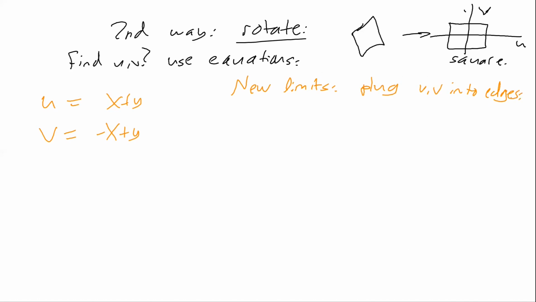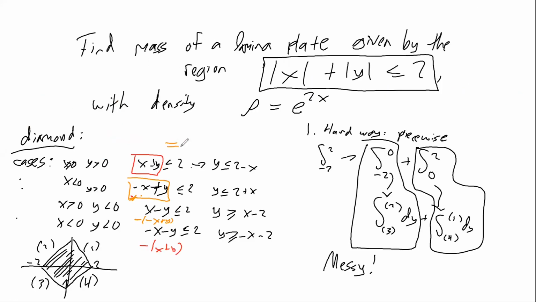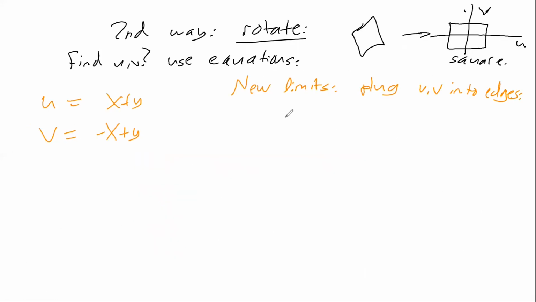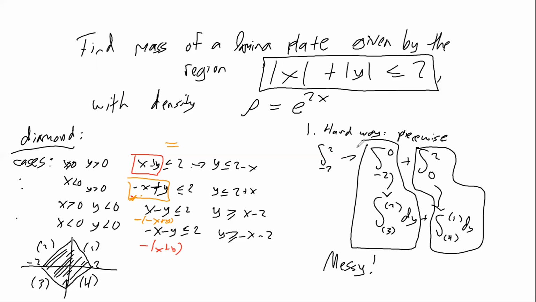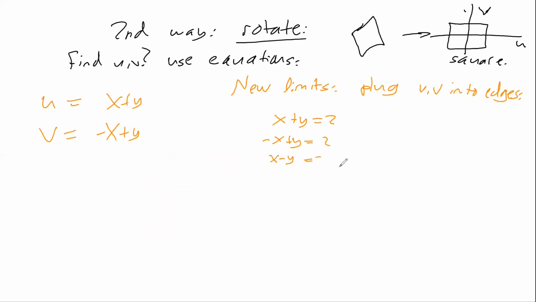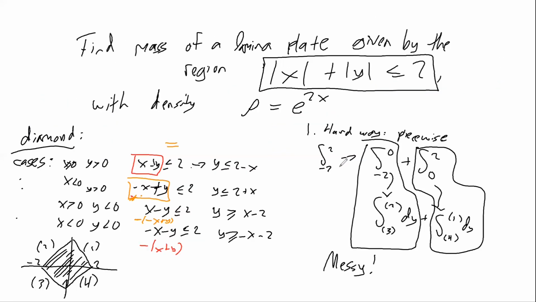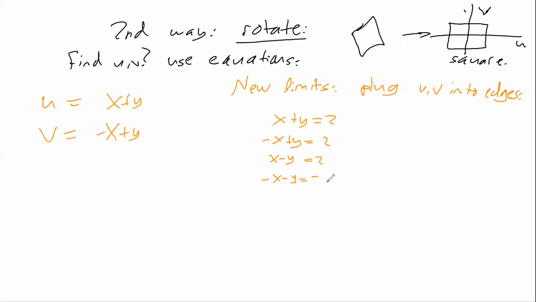So remember, the edges are just, you make these equals. So the first edge is x plus y equals 2. The second edge is negative x plus y equals 2. The third edge is x minus y equals 2. The fourth edge is negative x minus y equals 2.